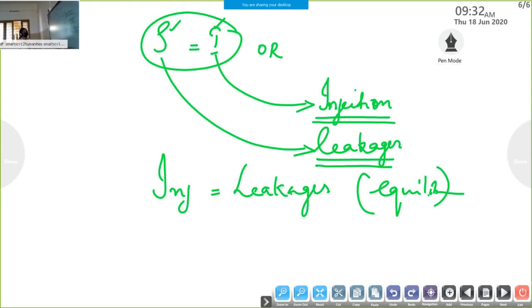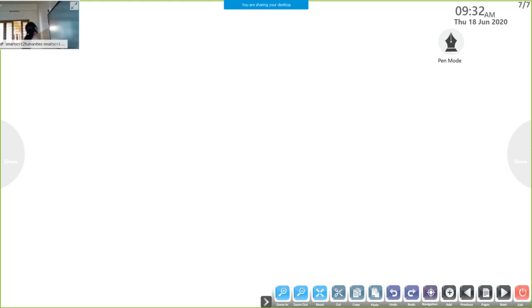So this also we study with tabular presentation and graphical presentation. Here also any deviation from the equilibrium point will give two situations. First one, if saving is greater than investment.